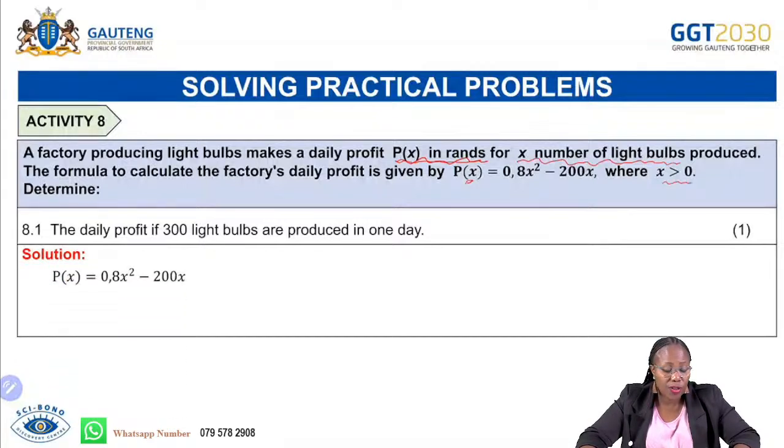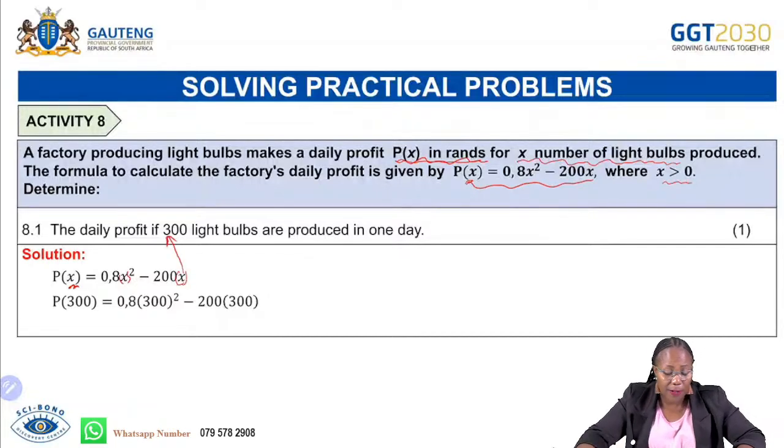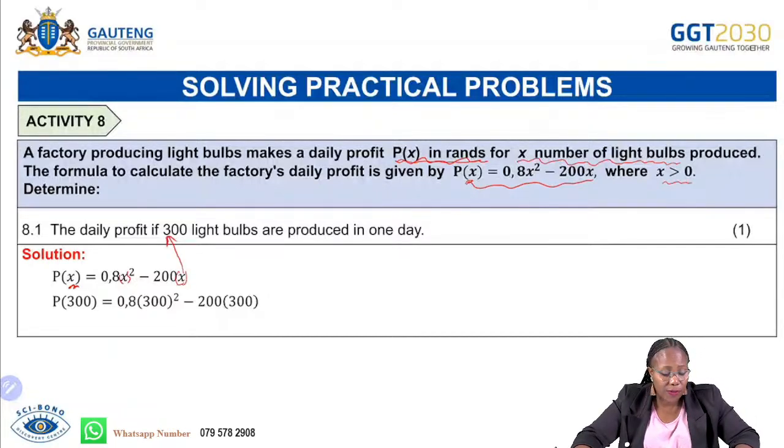That is what we need to calculate. So we'll take the original equation because we are just producing 300 bulbs. We want to see the profit that will come out of that 300 produced bulbs. So we are going to substitute where we have x. We will be substituting 300 bulbs. Hence, we have substituted every x with 300.